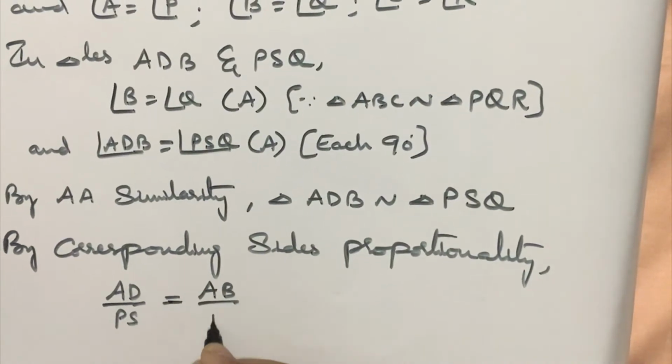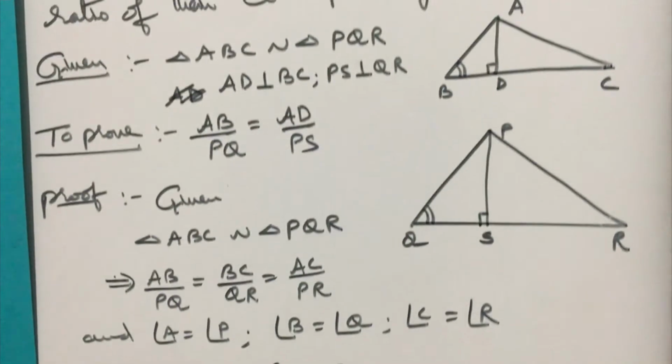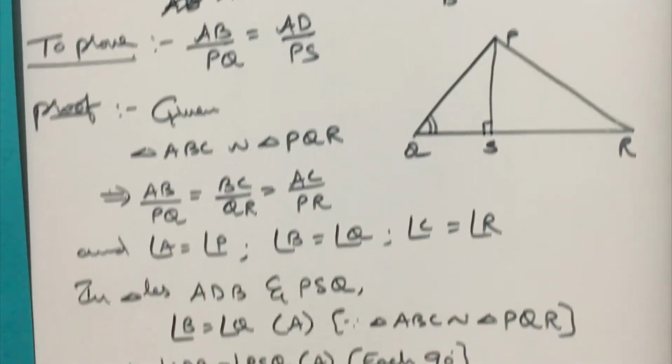AB by PQ. See, this is what we have to show in a proof. So you have to write hence proved.